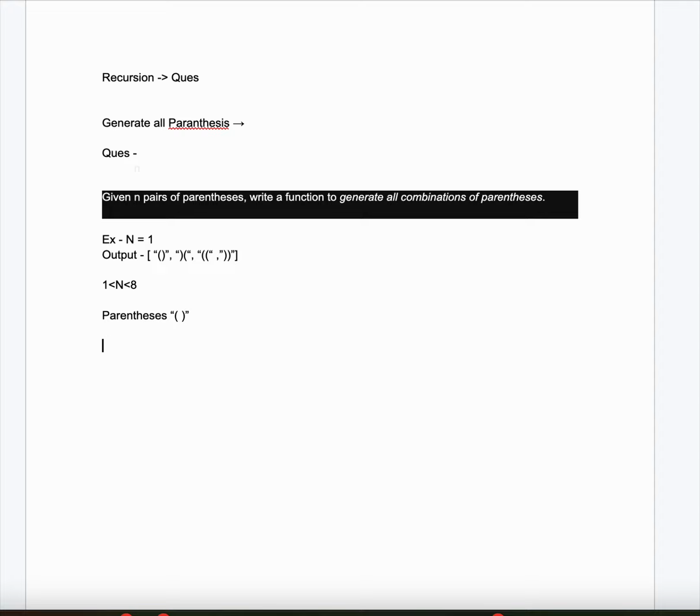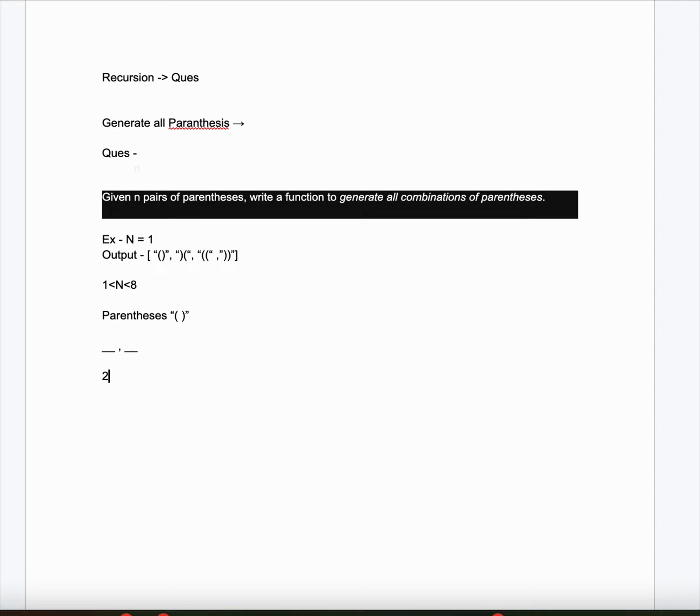Okay, so let's go by example. The example which I have written here, n equal to 1. So n equal to 1 means we have two spots. The first spot is this and the second spot is this. At the first spot, we can put either the opening bracket or the closing bracket.